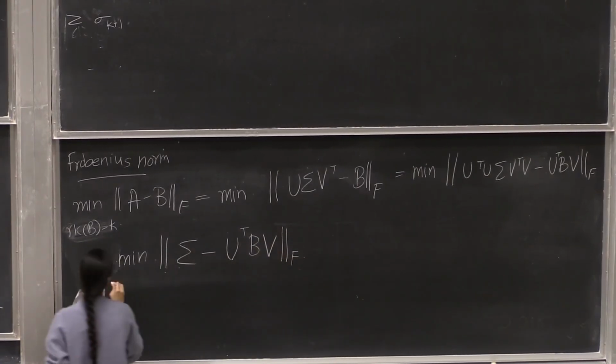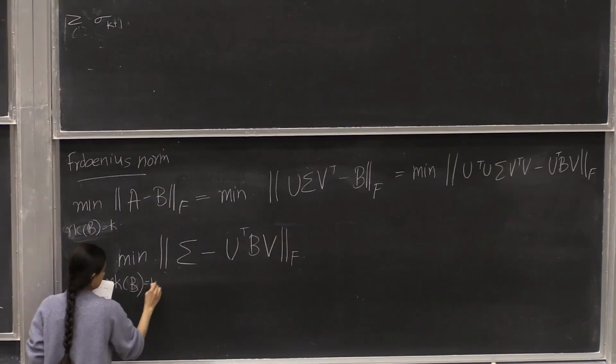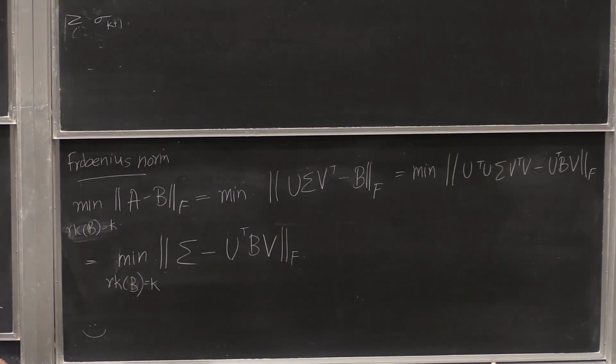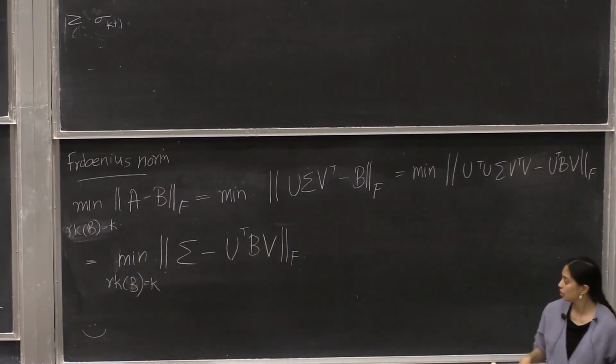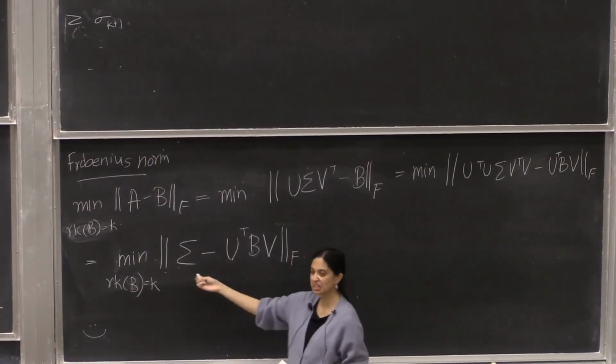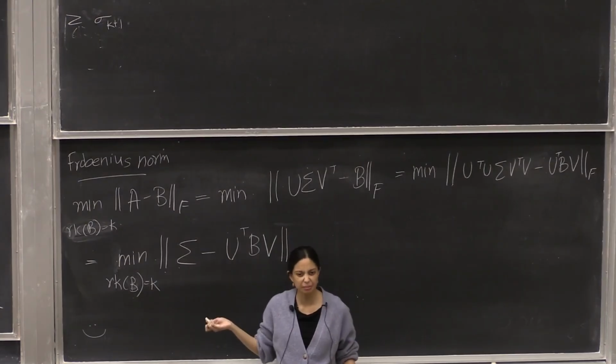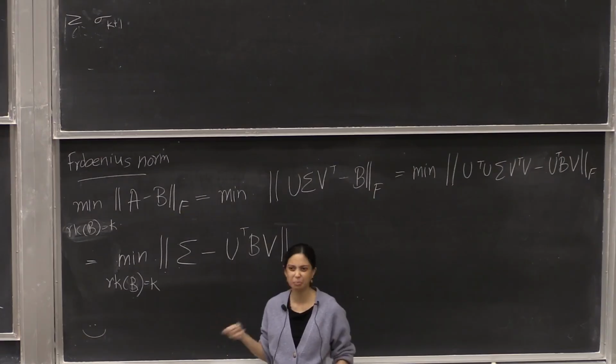And remember, this is over B's that are of rank K. Okay. So this is kind of nice now, right? What is sigma? Almost everything around sigma is 0. So computing the Frobenius norm of sigma is a particularly easy thing to do.